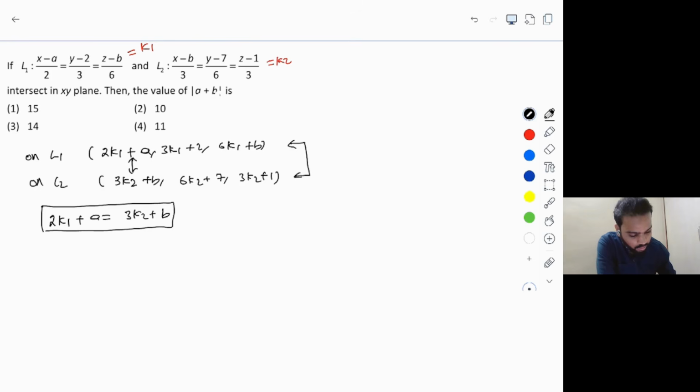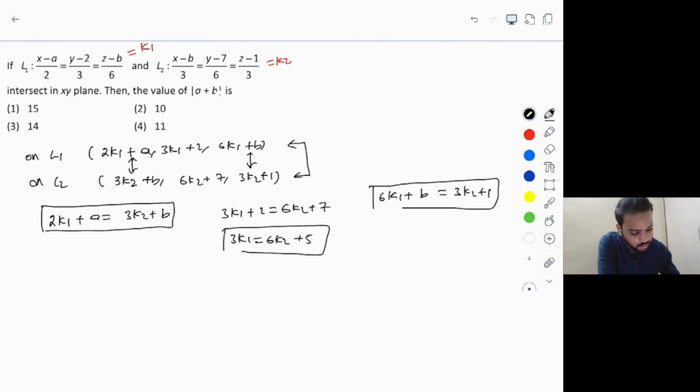If you equate the y coordinates, you get 3K1 plus 2 equals 6K2 plus 7, or 3K1 equals 6K2 plus 5. Similarly, equating the z coordinates, I get 6K1 plus B equals 3K2 plus 1. Let us keep all these conditions aside.